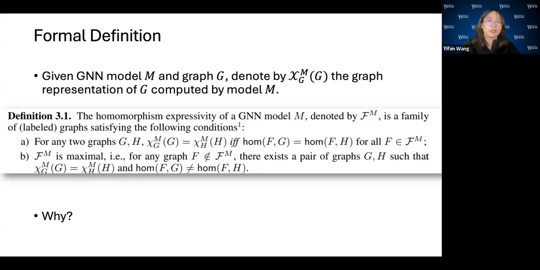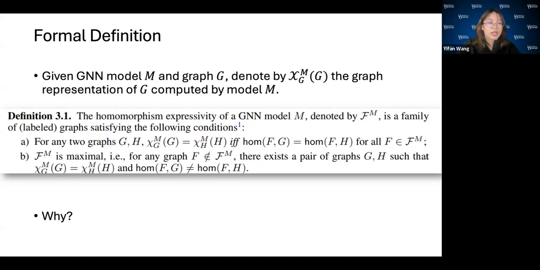Next is the homomorphism expressivity of a graph neural network model. That is, given a GNN model M and a graph G, we use X to denote the graph representation of G computed by the model M. Therefore, the homomorphism expressivity of a GNN is a family of labeled graphs F_M satisfying the following conditions.